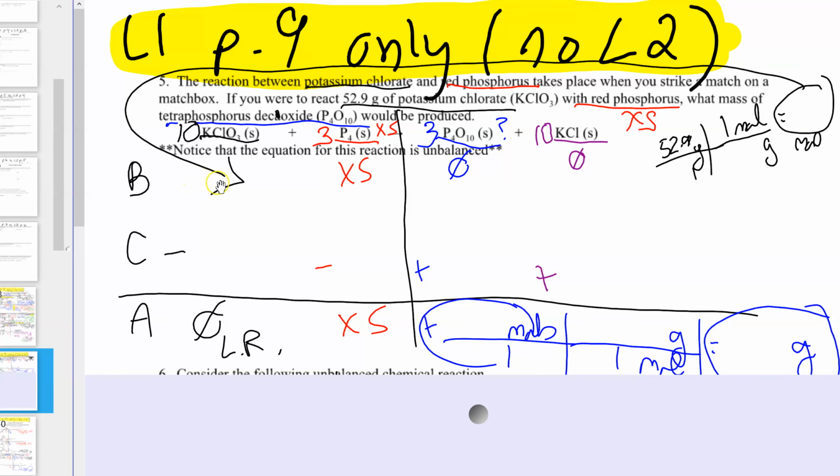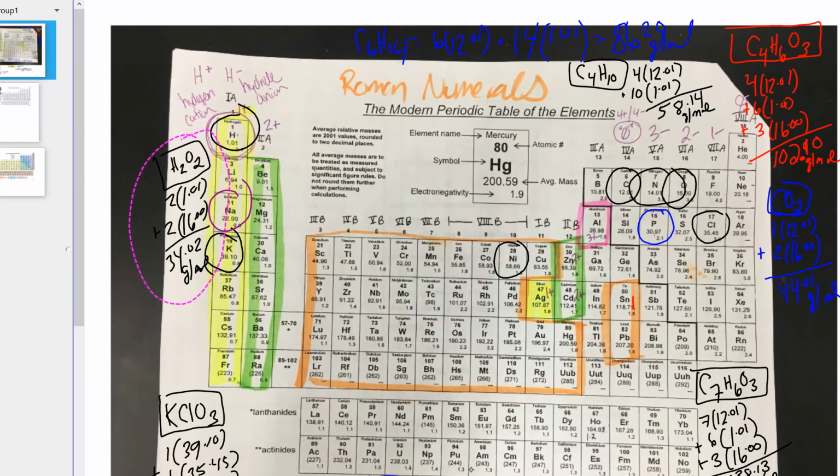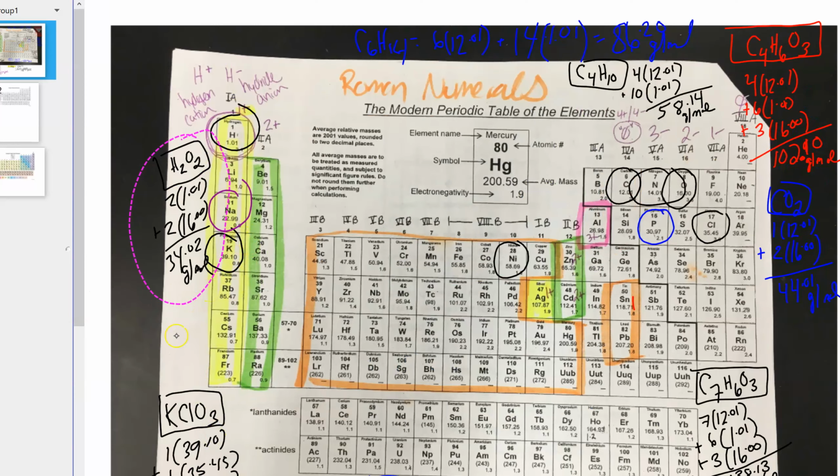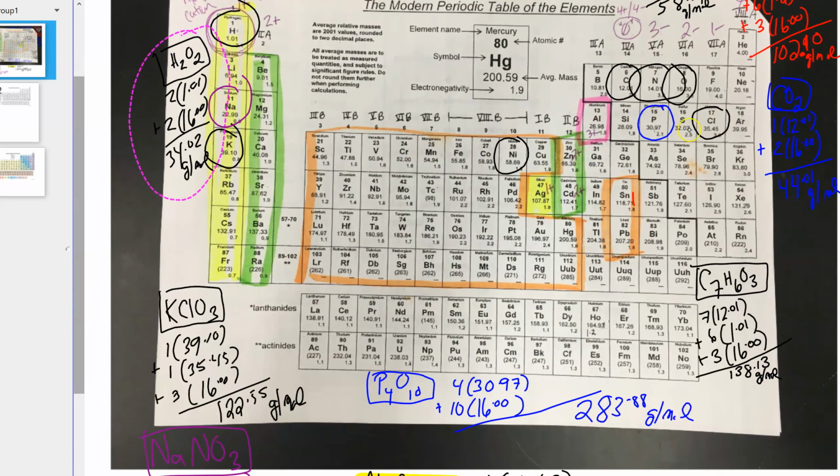We know that before the reaction starts, we have some number of potassium chlorate moles. They gave us grams in the problem, so we're going to have to do a little calculation here. For KClO3, go to your periodic table: potassium is 39.01, chlorine is 35.45, and then 3 oxygen.